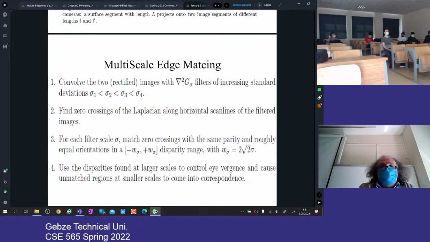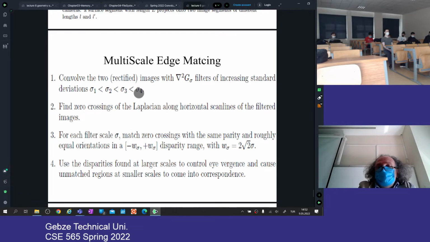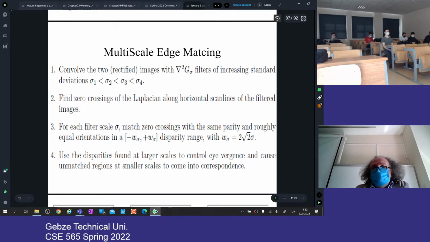So first I run a smoothing filter, then do the zero crossing. Well, instead of doing that, let's do the Laplacian of Gaussians. Remember the zero crossing edge detector operator? It does both the edge detection and the smoothing at the same time. Remember that? The Mexican hat operator.